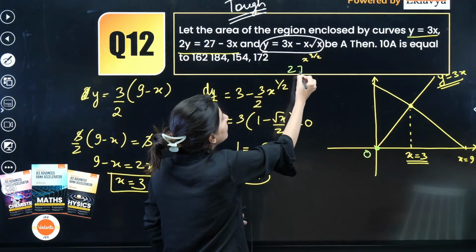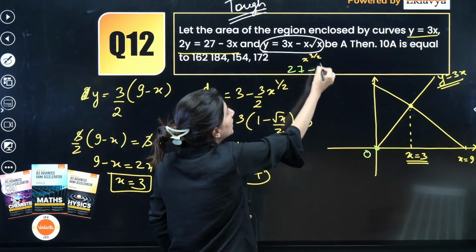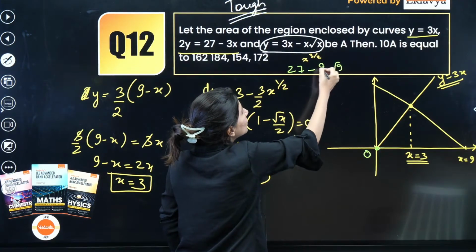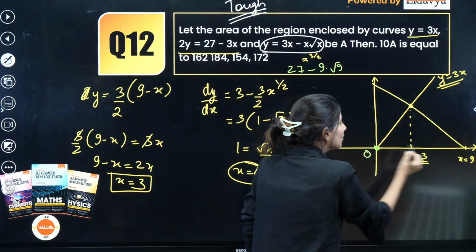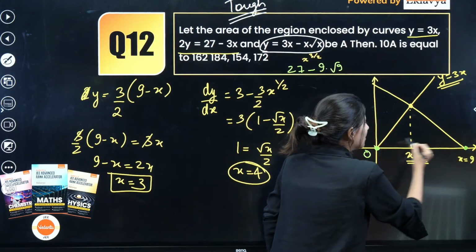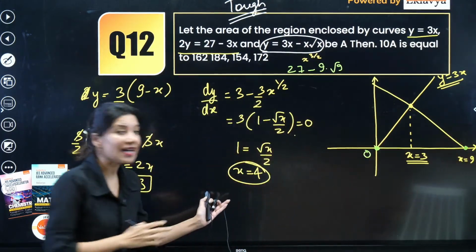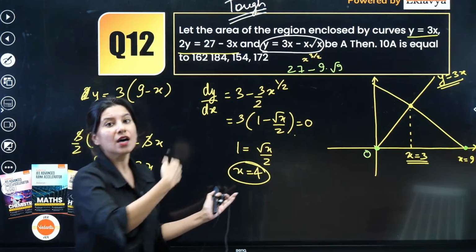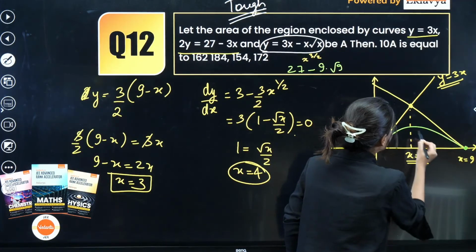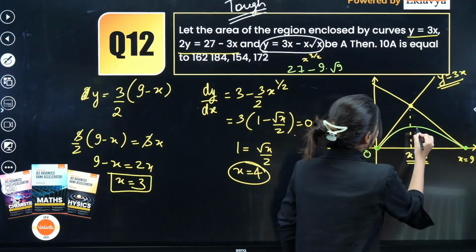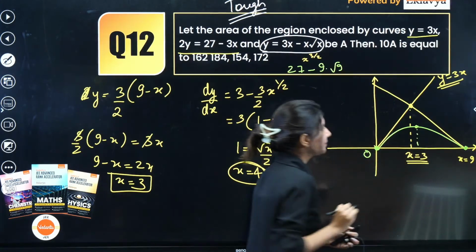So 27 minus, the moment I put root 9, so 9 into 3, 27. That means the curve will pass through these 2 points, x equals to 0 and x equals to 9, and it has one critical point, that means one maxima, just like this, right? At x equals to 4, it is going to achieve a maxima.